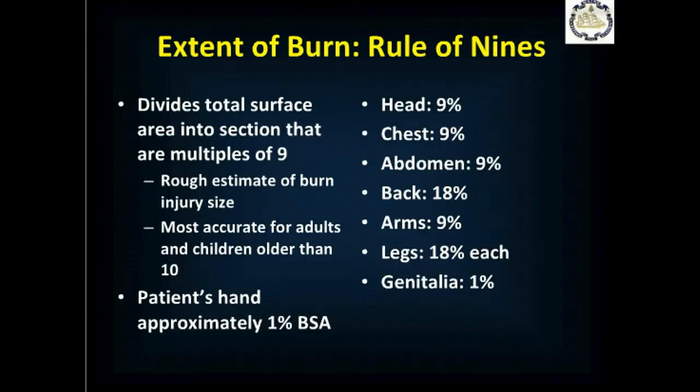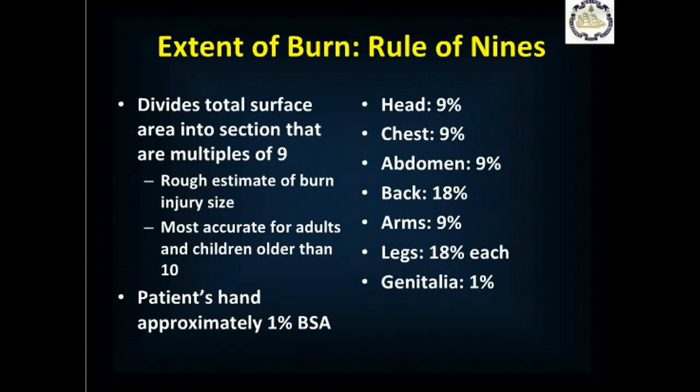So aside from knowing how deep the burn is, you also need to know how much burn there is. And so we use something called the rule of nines, and this works well in adults. It's okay in kids. There's actually special charts for kids that are used, but for adults and children over 10, this will give you a pretty good estimation of the size of an injury.